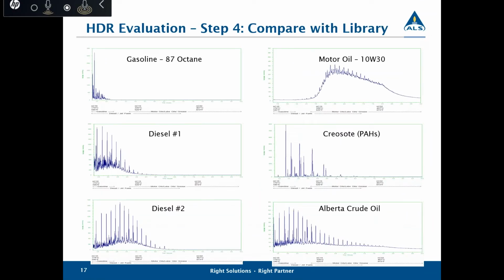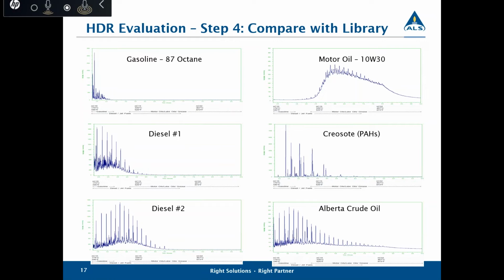Moving to step 4, where we compare our chromatogram to the library. Like I mentioned before, ALS has a library of common petroleum hydrocarbon chromatograms, which are available on the website. We will compare our sample chromatogram to the ones available in the library. One thing to remember: the library consists of pictures of pure sources of petroleum products.